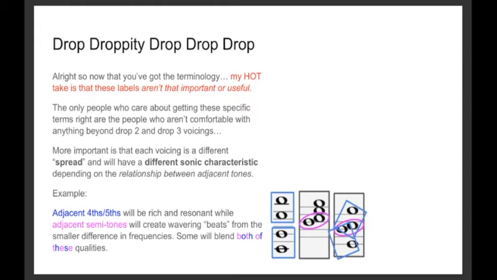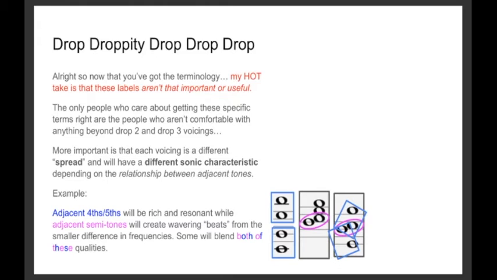I actually really like these chords. They're somewhat hard to play on guitar, but they have this shimmery quality from all the beats that come from the small differences in frequency. And then over here on the right, we see that it's a combination of the two.